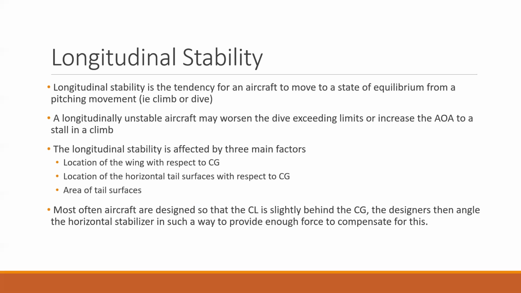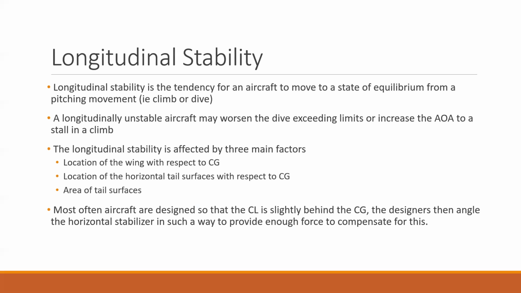The longitudinal stability is affected by three main things. First, the location of the wing with respect to CG. Where is the wing located on the aircraft? Is it forward of CG, back of CG, right on CG, whatever that might be? Second, the location of the horizontal tail surfaces. Your vertical stabilizer and your horizontal stabilizer play a role, more so your horizontal stabilizer, but it depends on what flight configuration you're in.